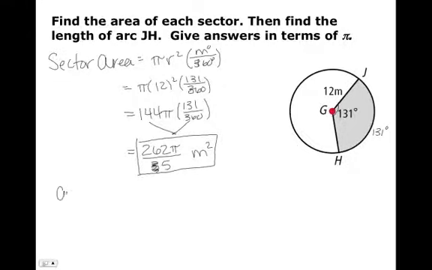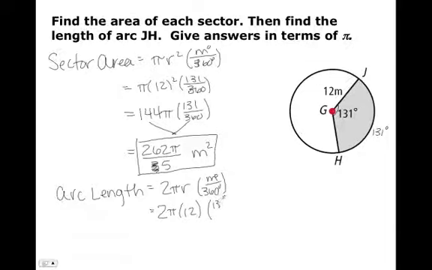Let's look at the arc length. The arc length, remember, is a part of the circumference, so we take the circumference times the fraction of the arc measure. Our radius is still 12 meters, and we're still using 131 over 360.